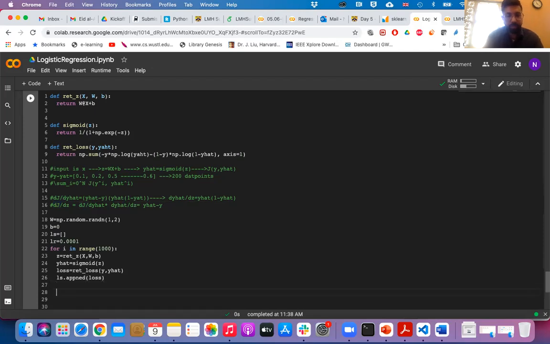Let's call this dz. So dz represents the derivative of J with respect to z, and this is y hat minus y.